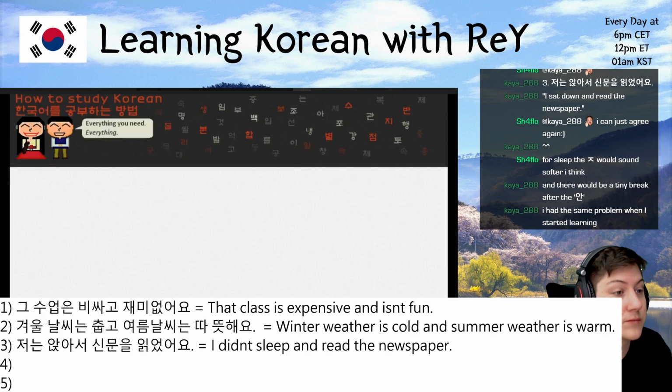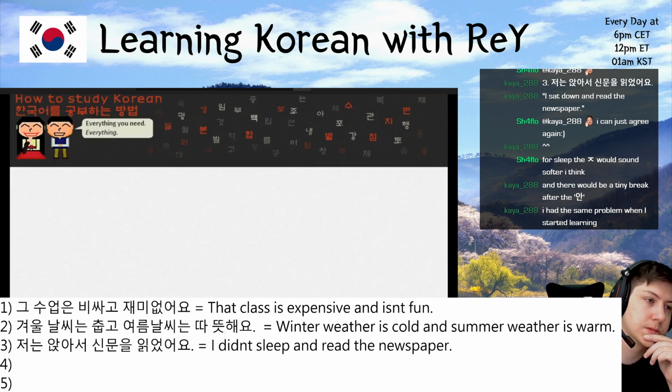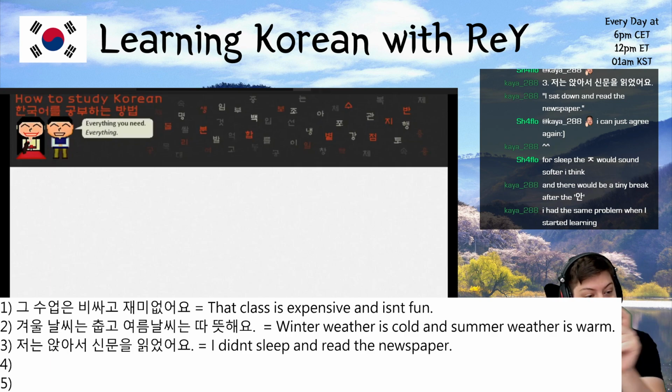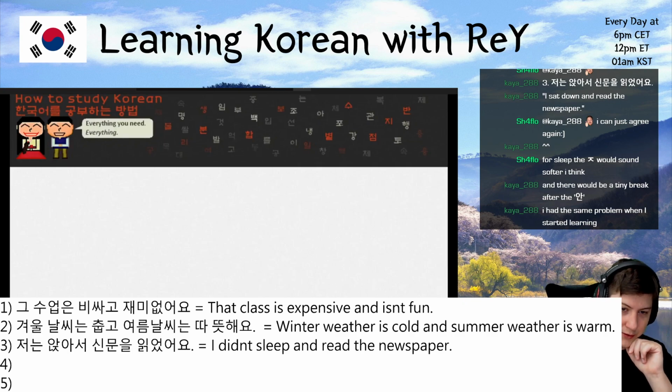Okay, now read the rest from what you said. Shinmune Igosoyo, okay. Initially I didn't have a space between the an and the ja, because there was no break.